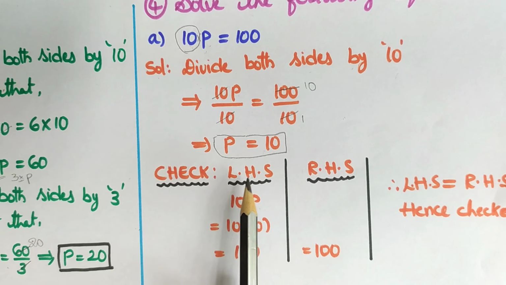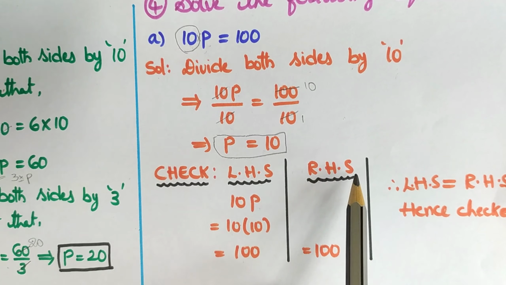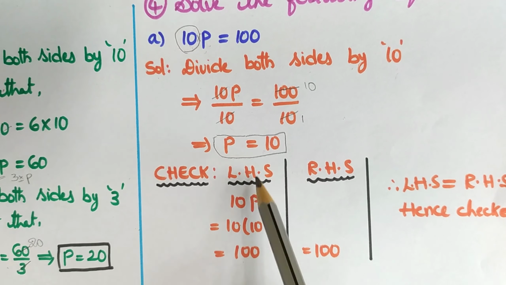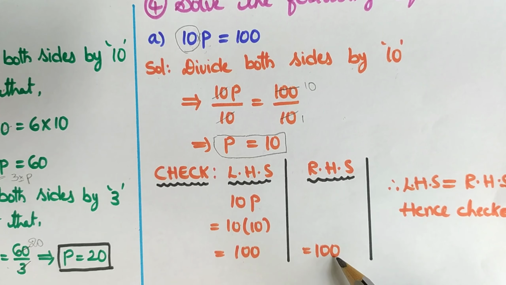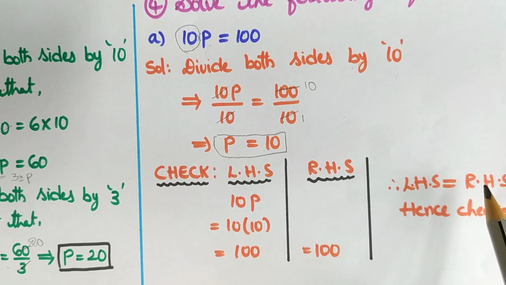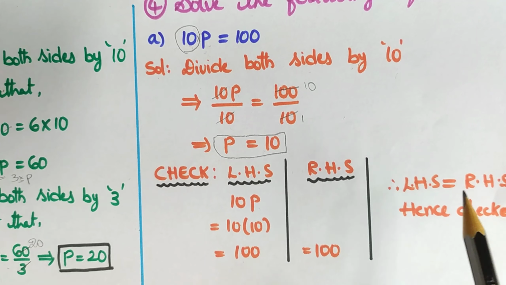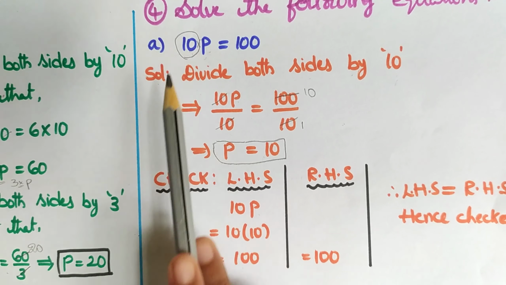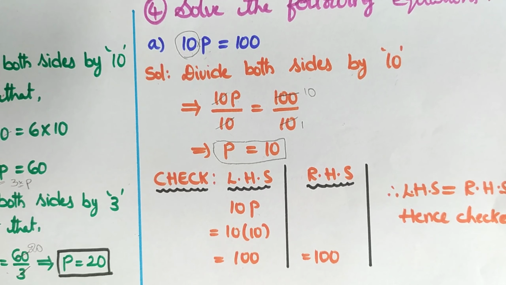Therefore left hand side LHS is 100, whereas right hand side RHS is 100. Therefore 100 equal to 100, LHS is equal to RHS, hence checked. Therefore the value of p is 10.